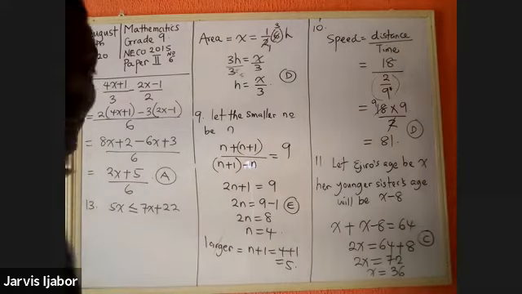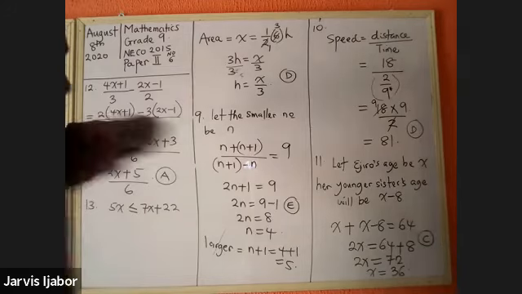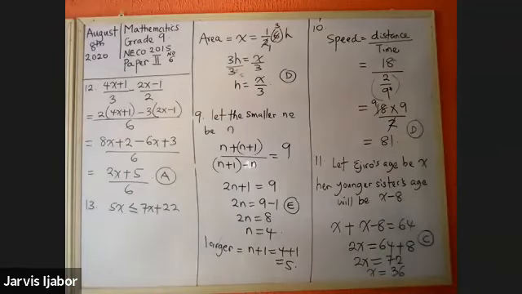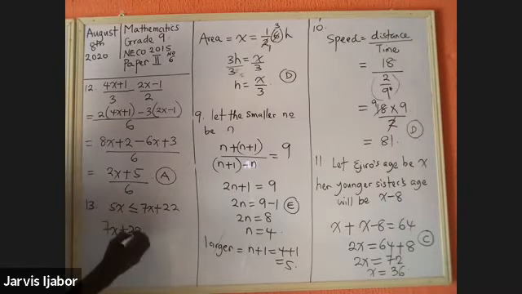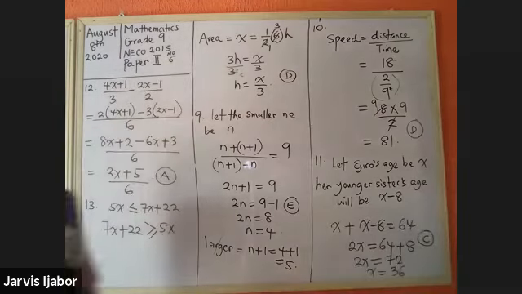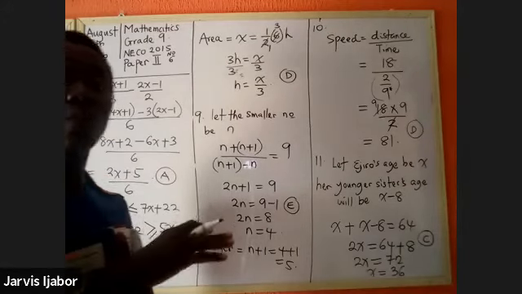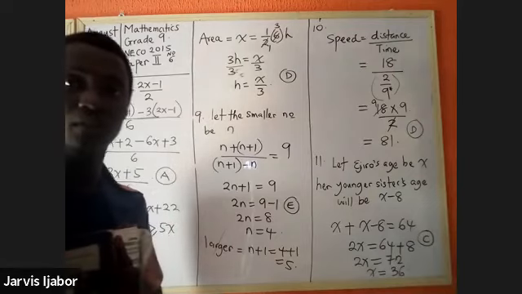So we rewrite. Look at it this way. If I turn, the hand will now face this direction. So it means that this will be 7x plus 22 greater than or equal to 5x. It's the same reason that when I teach you inequalities, I don't tell you this sign always means greater than. No, it's relative.